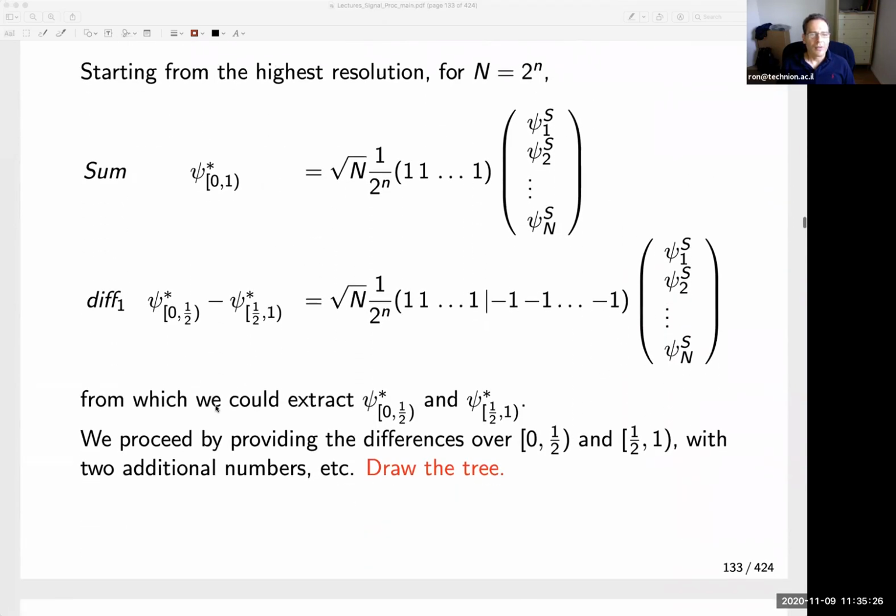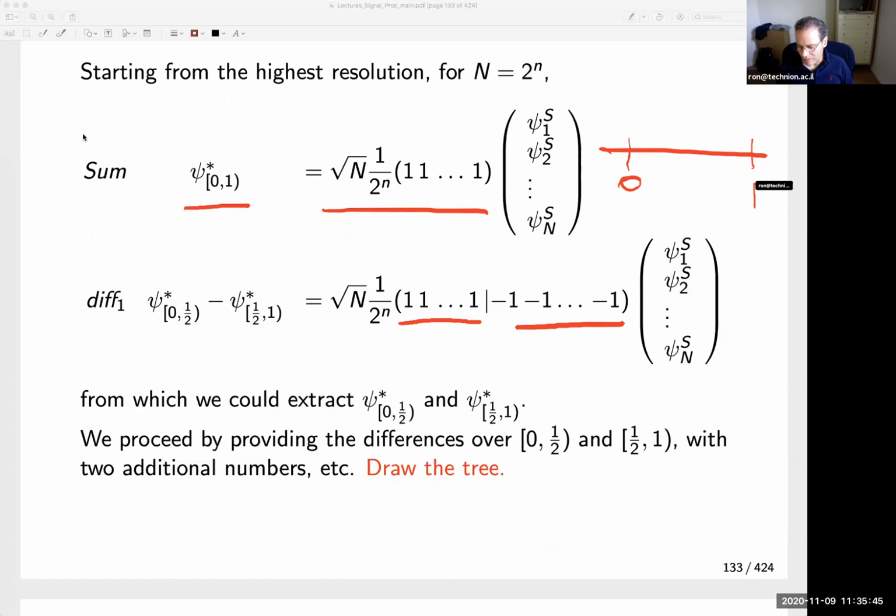So if we start from the highest resolution, then the first thing that we have is the average. And then the diff would be taking the first half and subtracting the second half, okay? So again, this is my whole interval between 0 and 1. This is my function.